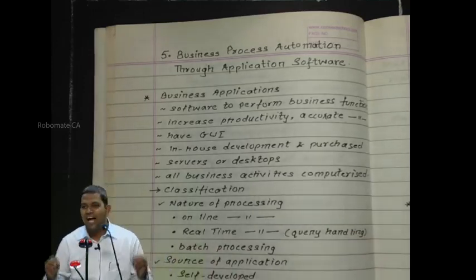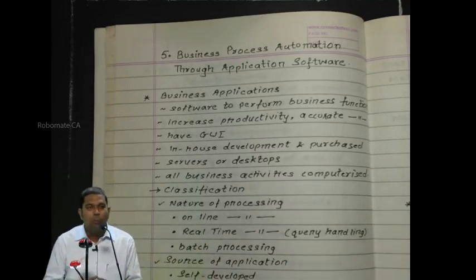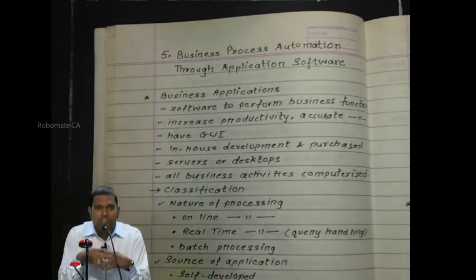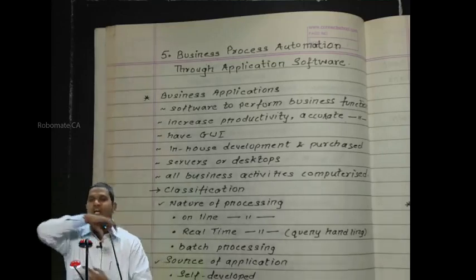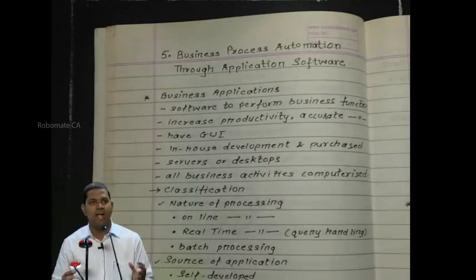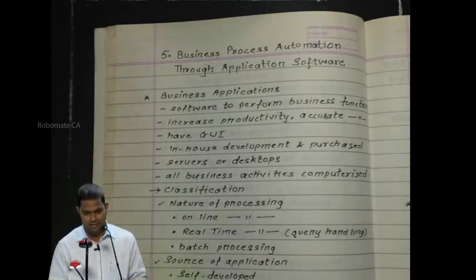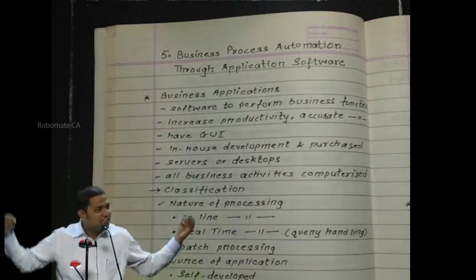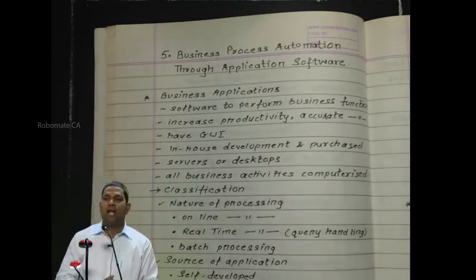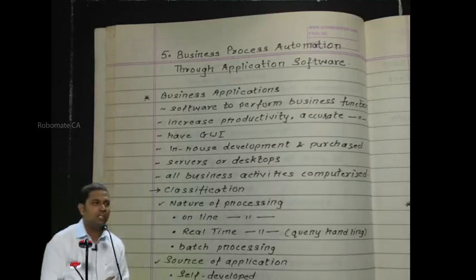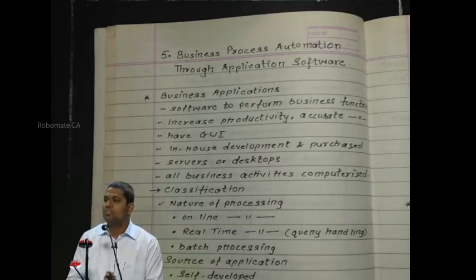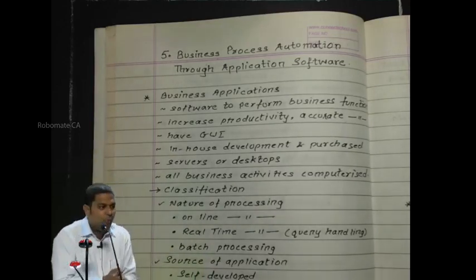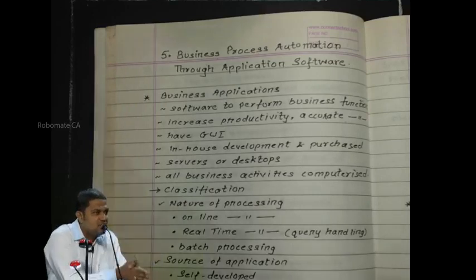And in this last final chapter, we have a fusion of first, second, third, fourth, everything combined together. In Mumbai, we call it Bhel, where you mix each and everything. And the 5th chapter ultimately is the combination of whatever you have learned till now, and that is business process automation. How? Through application software.